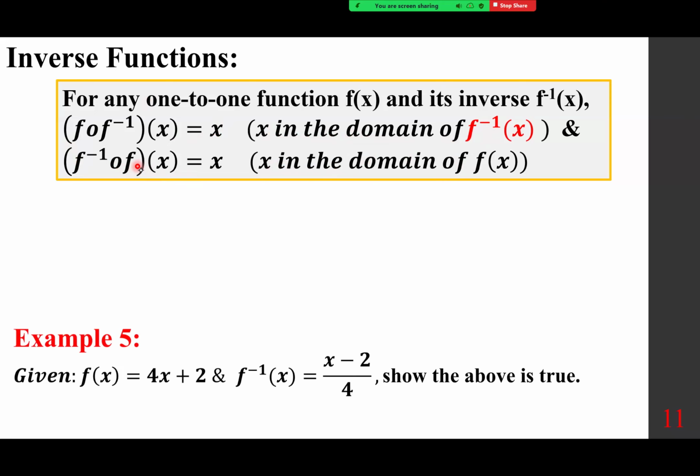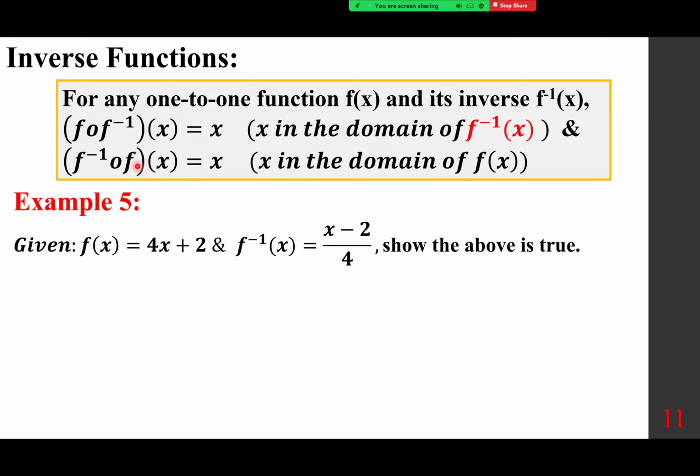So for example, we want to show that these two functions are inverse functions. So we have to look at f of f inverse and f inverse of f. You don't have to look at both, but we want to do it for practice, okay? As long as one of them is proved, it indicates the two are inverse functions.